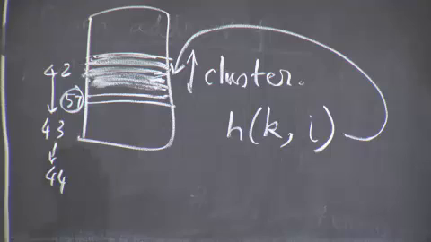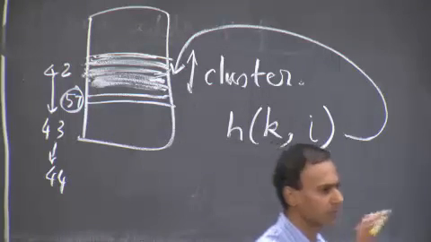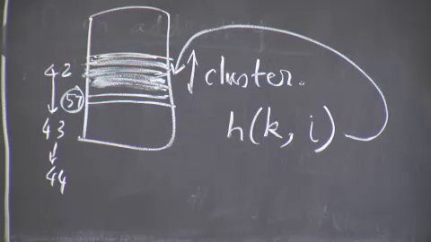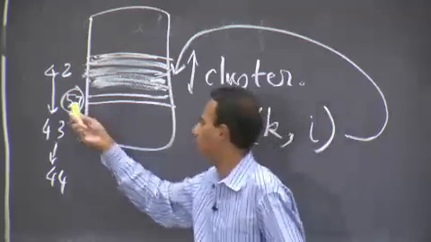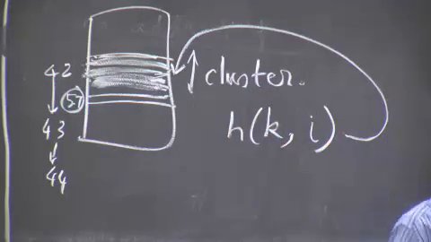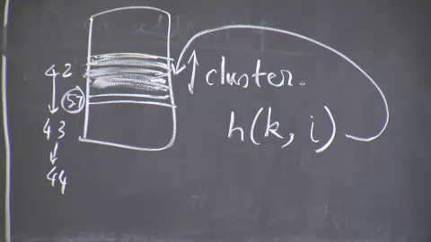Right? So you're going to keep going, and you're going to try 15 times in this relatively dumb fashion to get to the open slot, which is 57. And oh, by the way, at the end of this, you just increase your cluster length by 1. All right?